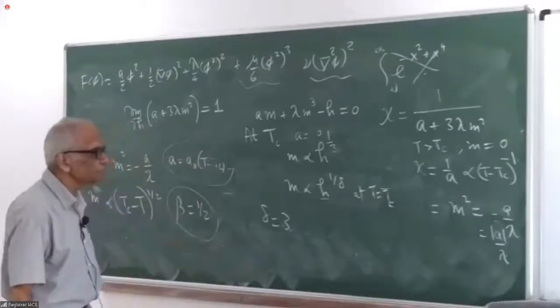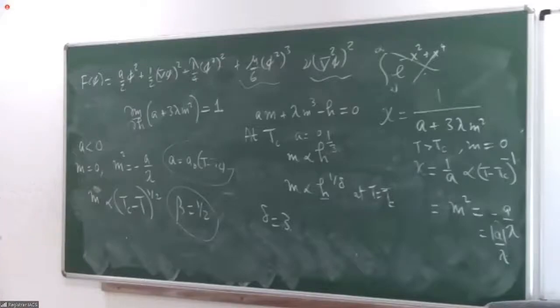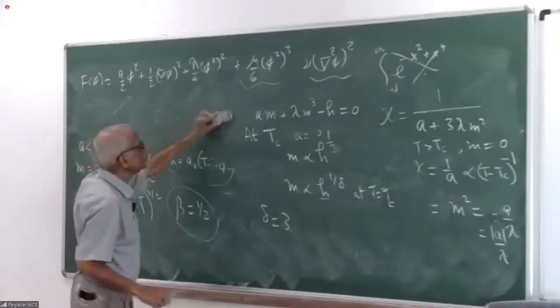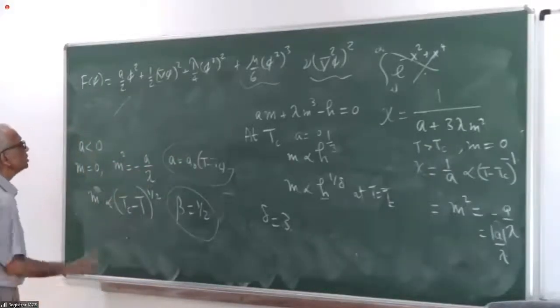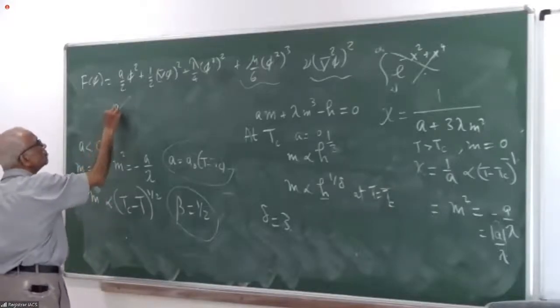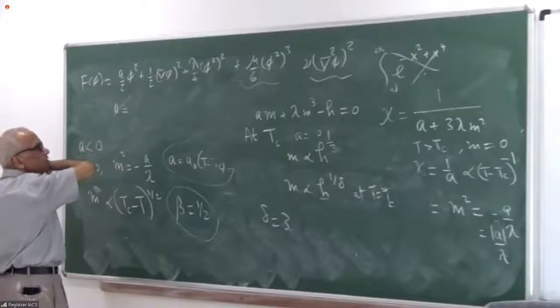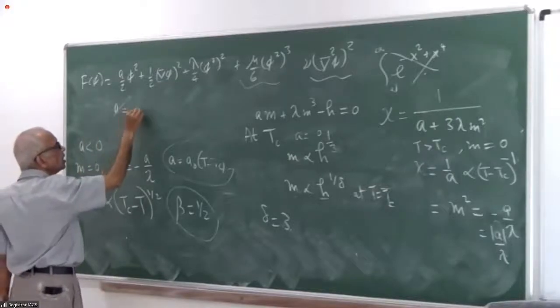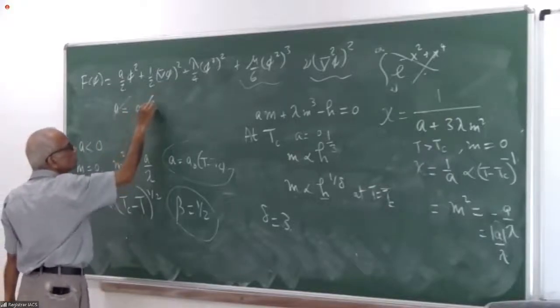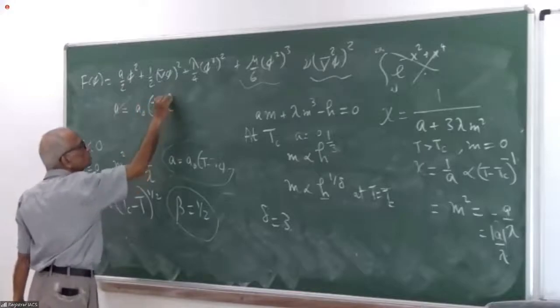At this point I don't have a mechanism to talk about the specific heat, but I have laid the foundation for it by giving you this information, that in this Ginzburg-Landau free energy that we will be using, A is equal to A0 times T minus Tc.